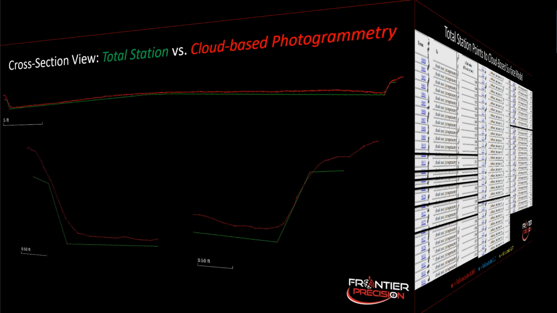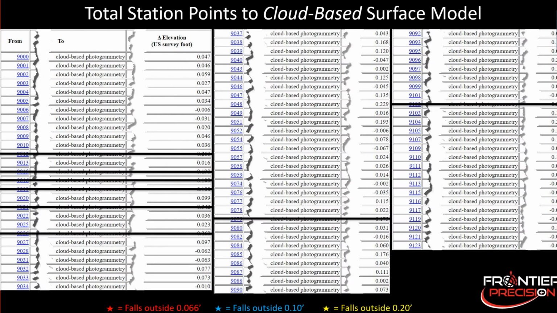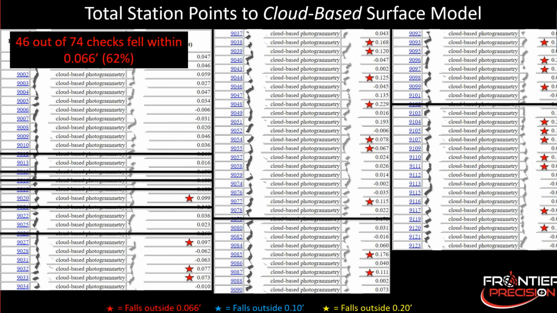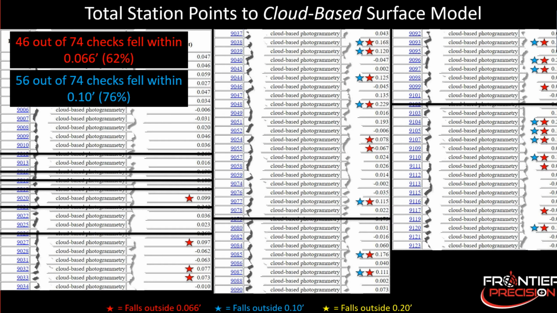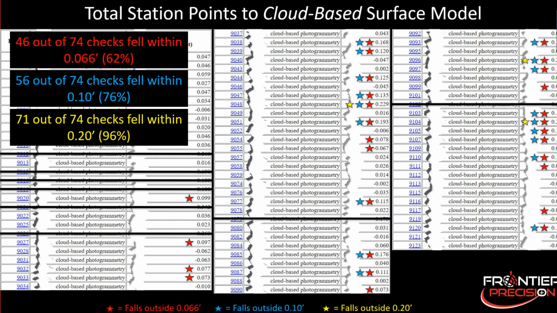And then looking at this same image here, again, there's different ones that had to be crossed out because it was a different day. Actually it was the same day, but I think our points where they fell within our surface model was different. I should re-say that. But looking at this, we had 62% fell within our 2 centimeter threshold. 76% fell within a 1/10, and 96% fell within 2/10.